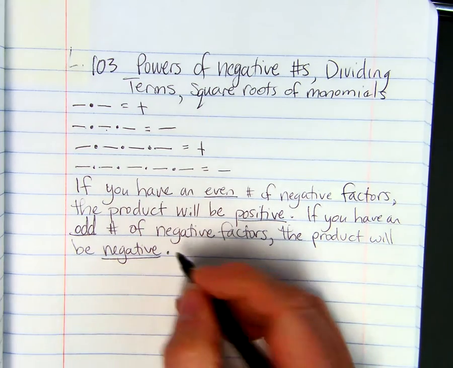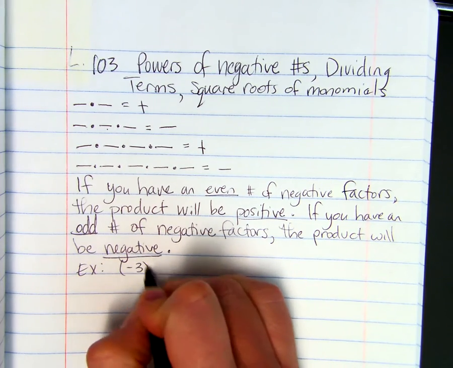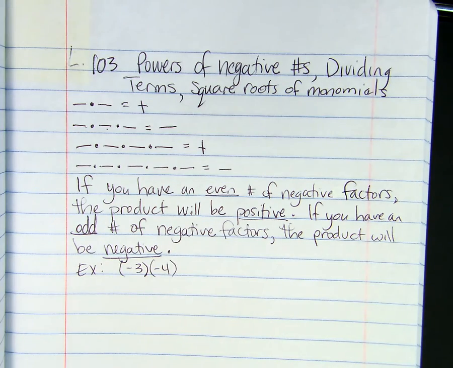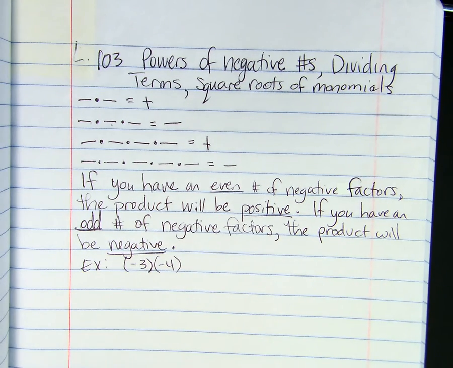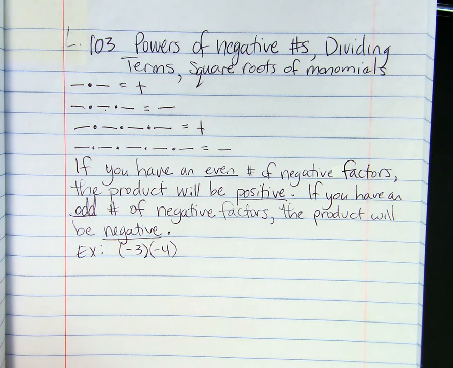So here's a couple of examples. If we have a negative 3 times a negative 4, there's an even number of negatives, so the answer will be positive. So it's going to be 12.